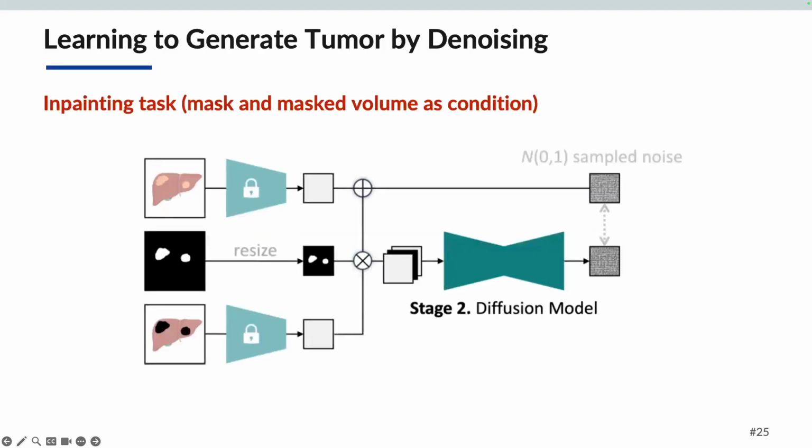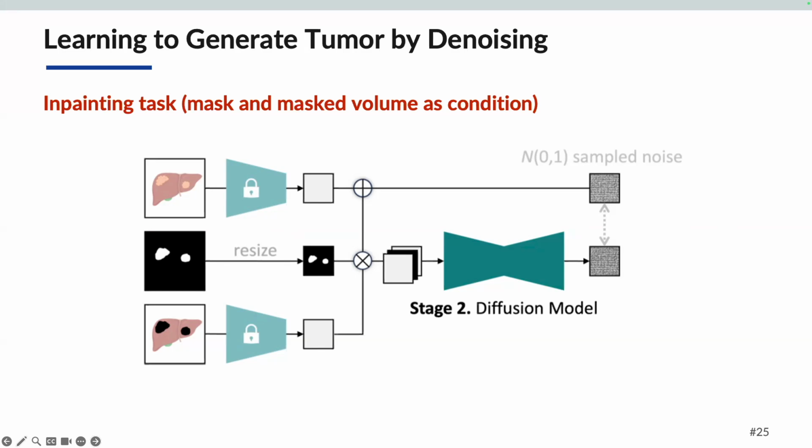And the domain gap between tumor data from different hospitals is primarily due to differences in the texture of tumors, which can be significant across different populations.